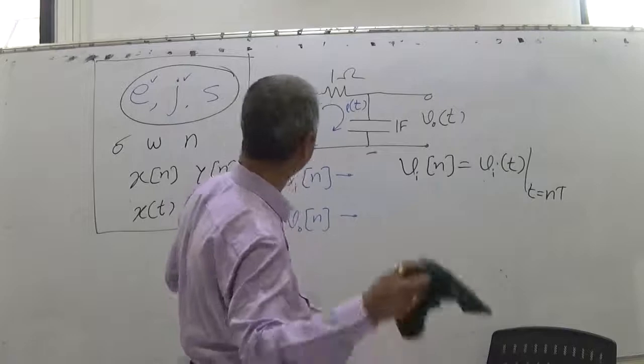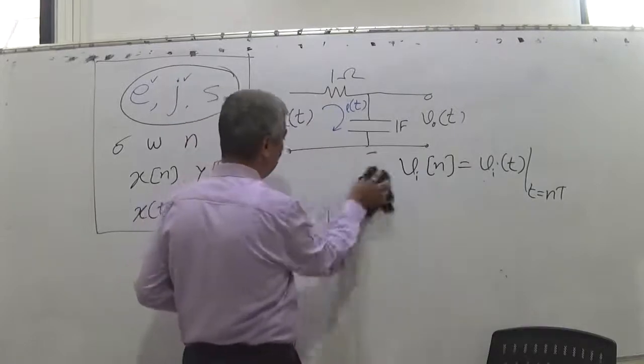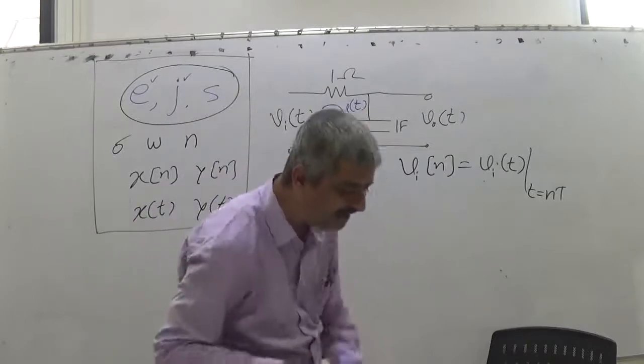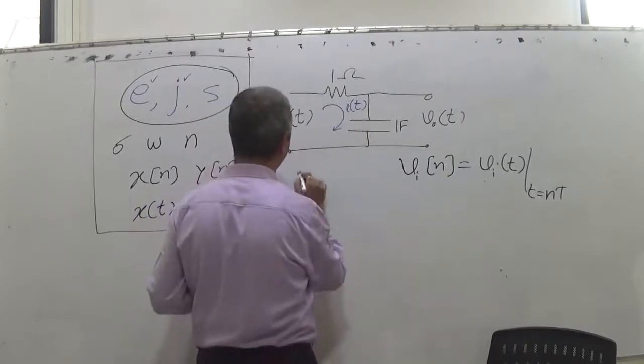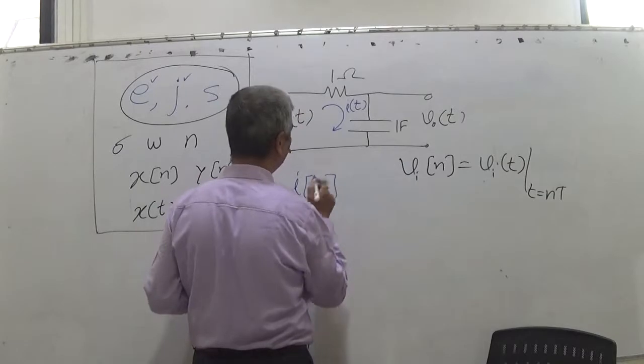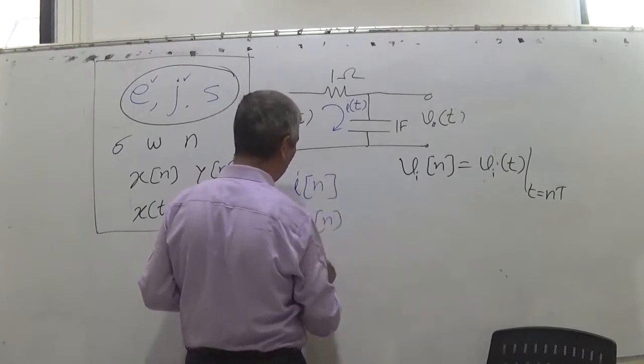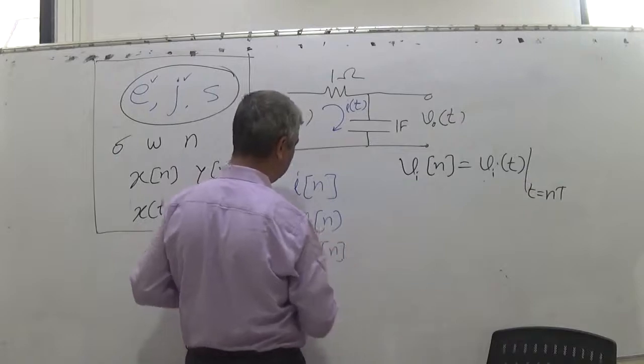So in this case, how can we write this equation? What is iT? It would be i[n]. Vin(t), I have Vin[n], and I have Vo(t) as Vo[n].